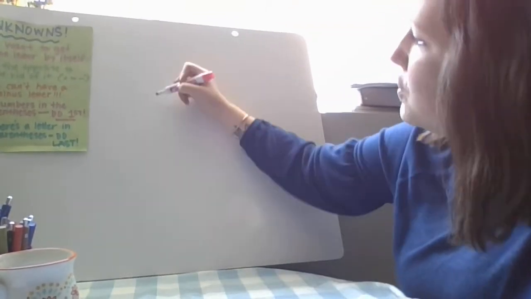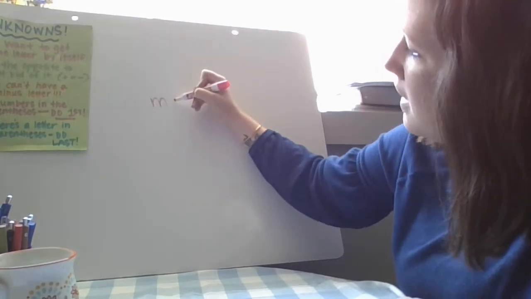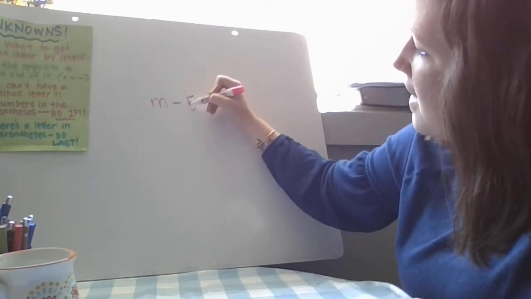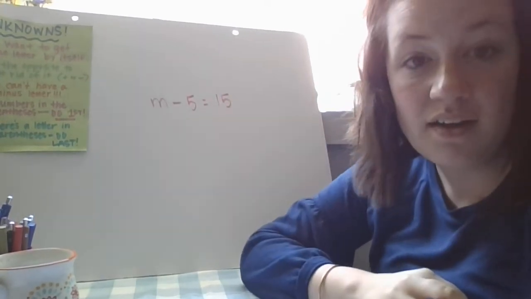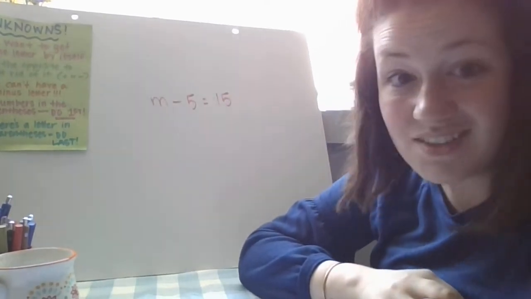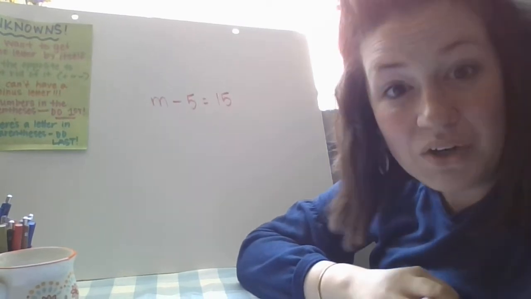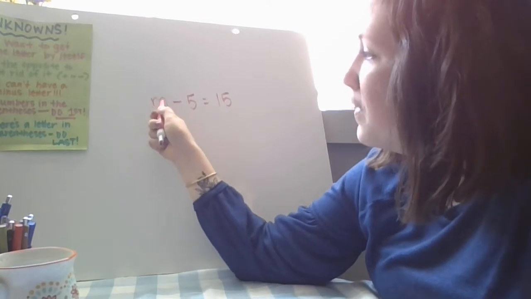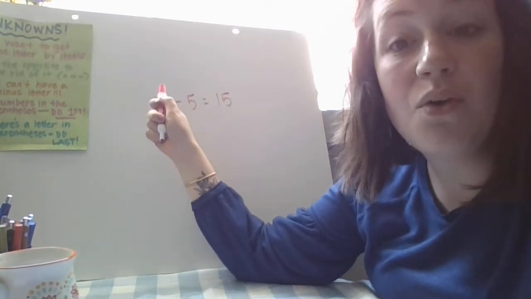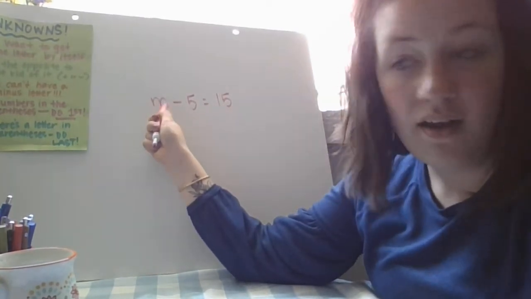Okay. Let's do m minus 5 equals 15. Now, some of you might be able to do that in your head, and that's so cool. But if you want to know the algebra way to figure it out, we need to figure out what that m is. We need to get it all by itself, right?